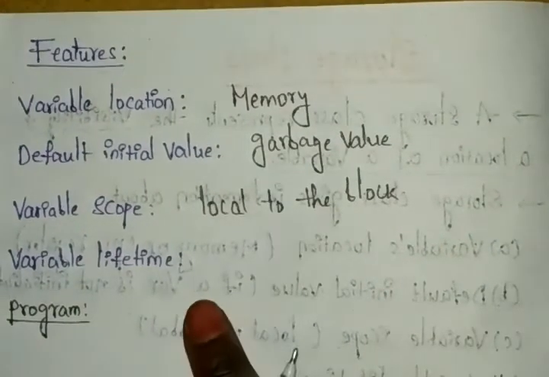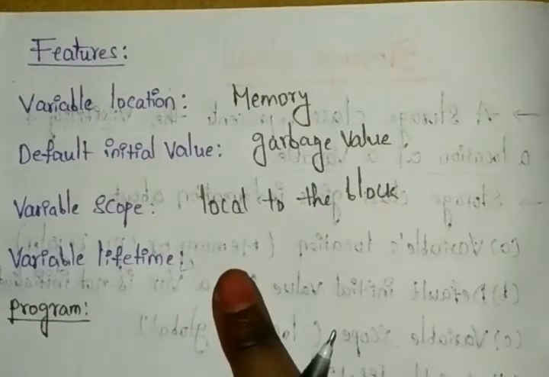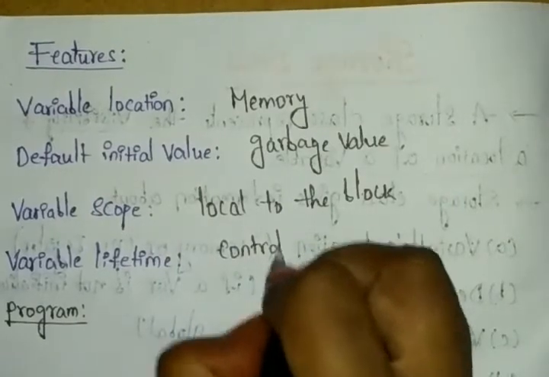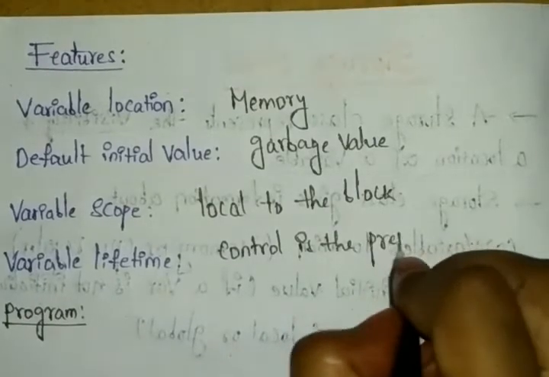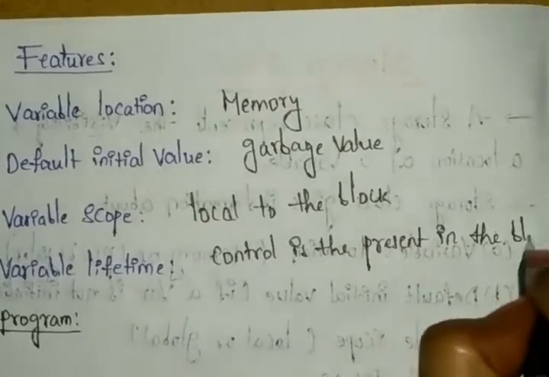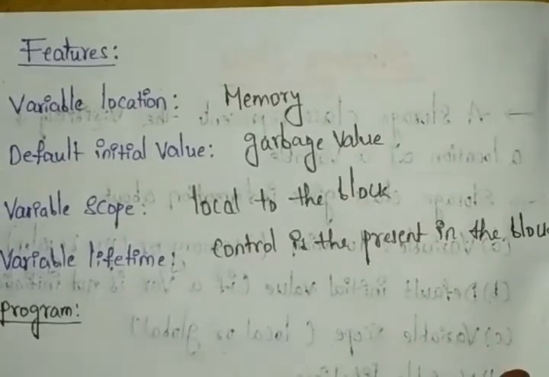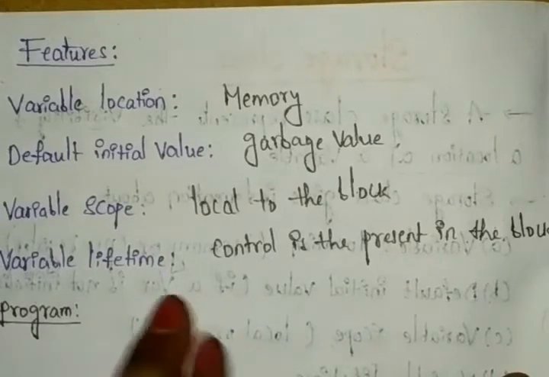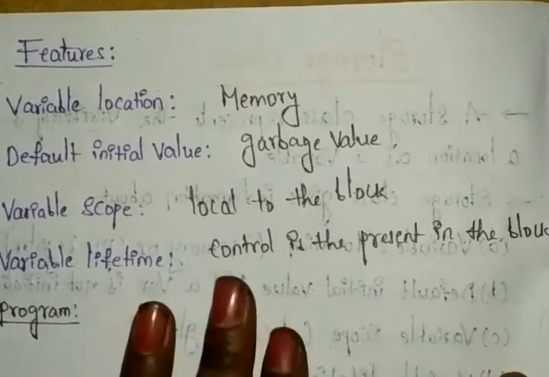And next we have the variable lifetime. These variables are active till the control is present. Only while control is present can it work. Control is present where it is in the block, so in the block means you are in the main function. If you close the main function, automatically the variable lifetime closes, meaning it expires or stops.